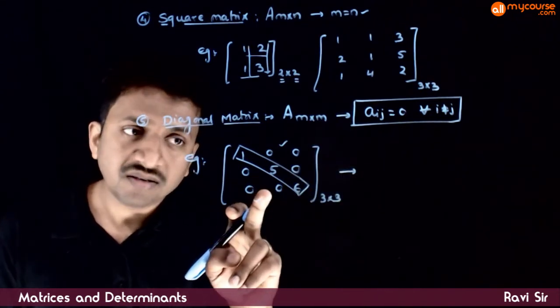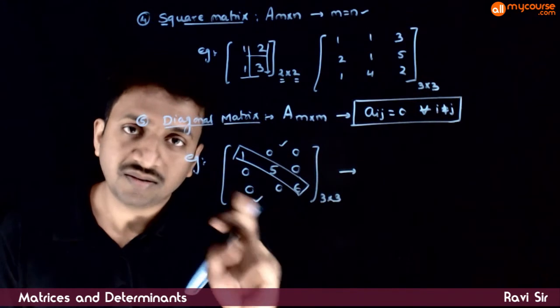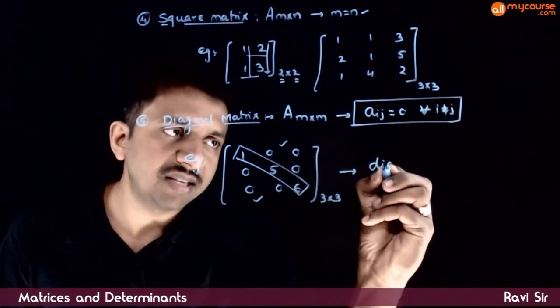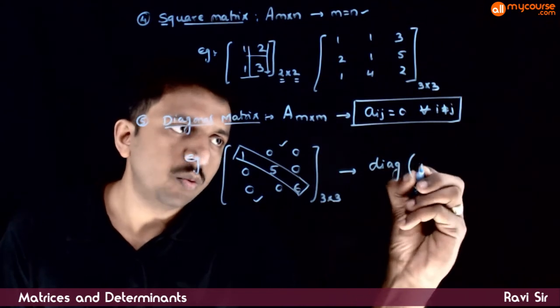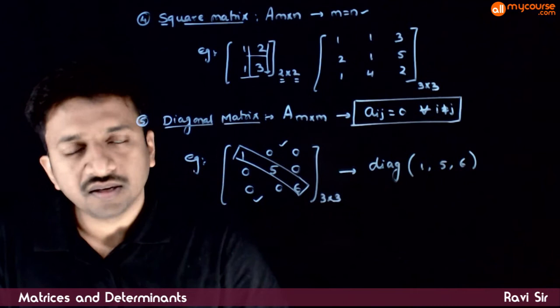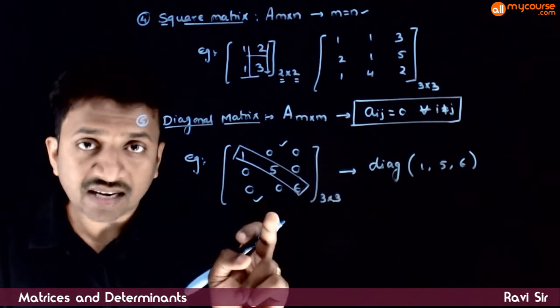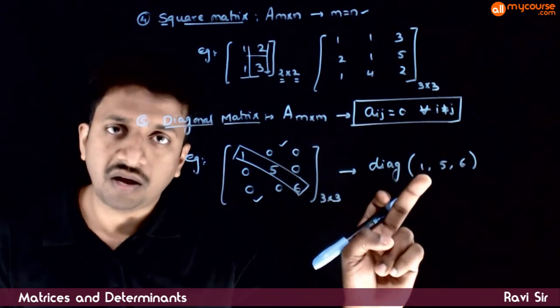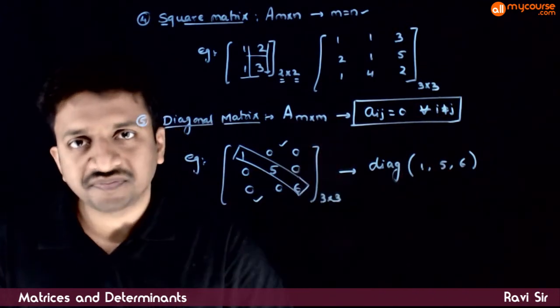There is a shortcut to express this matrix. It can also be expressed as diag(1, 5, 6). That is, this is a diagonal matrix whose diagonal elements in order are 1, 5 and 6.